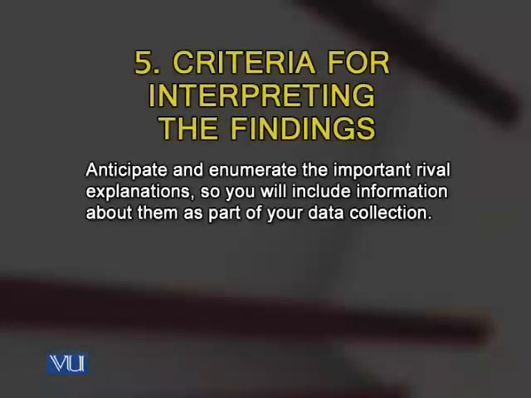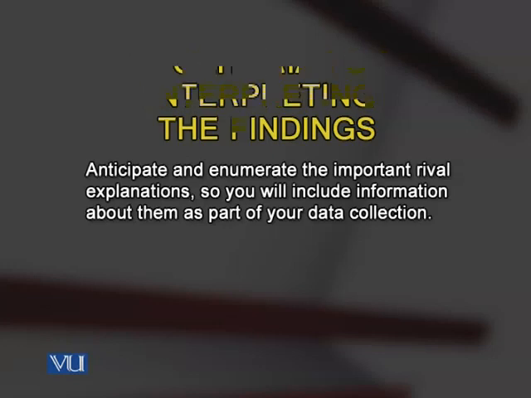So we anticipate and enumerate the important rival explanations. You will include information about them as part of your data collection. Rival explanations: we have one explanation, meaning we are saying X is the variable which is producing Y. Can there be other explanations, rival explanations?